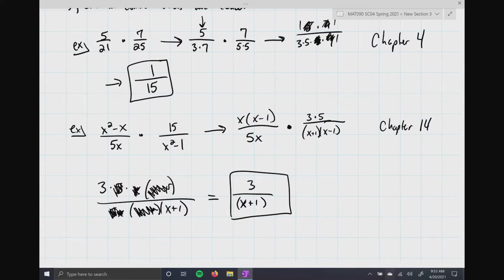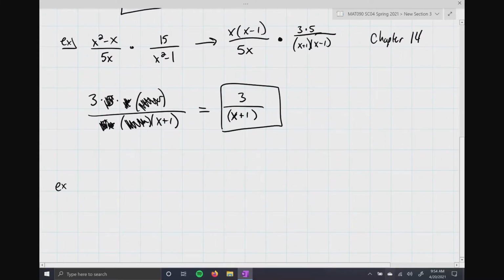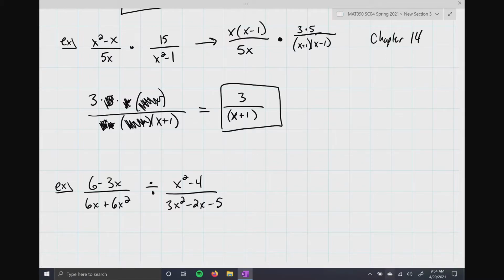All right, so let's do another one. We'll do one more together. Now this problem is way more involved than the previous two.